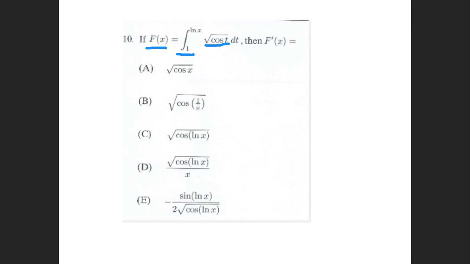Anytime you see a t, it's a big clue that they just want you to plug this in for the t. So in this problem, all I had to do is just plug this in here. So this would be the cosine of the natural log of x. But remember, if this is not just x in the integral, we have to take the derivative of that and multiply it to this.